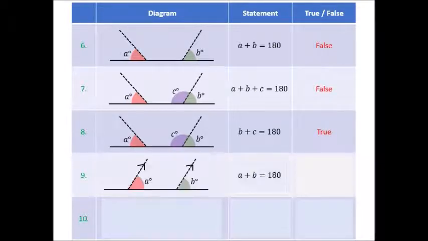Question 9. You can see that these angles are both less than 90 degrees. Therefore, if you add these angles together, you're not going to get 180 degrees. Question 10.